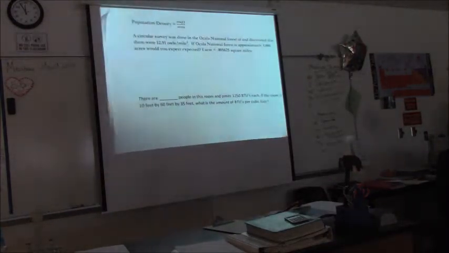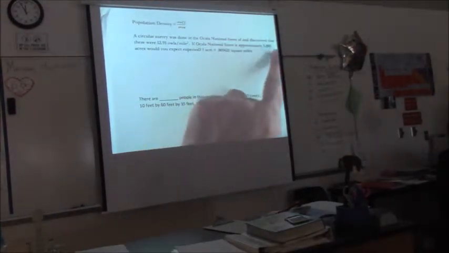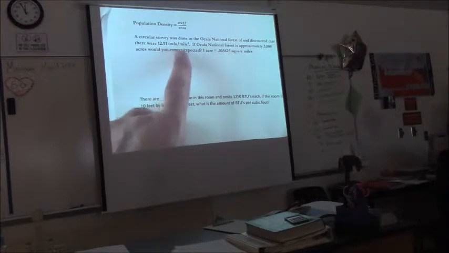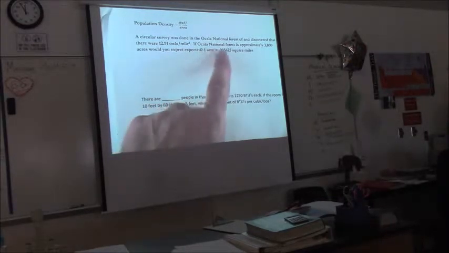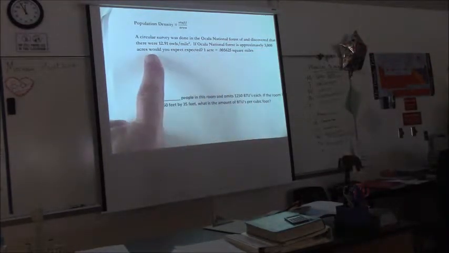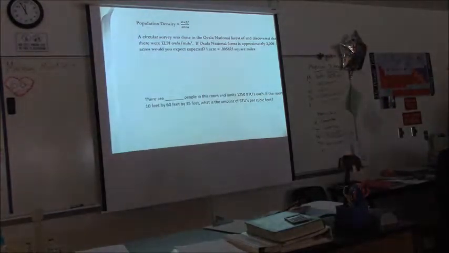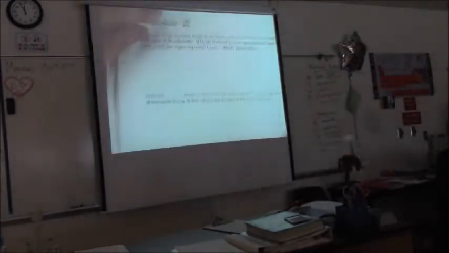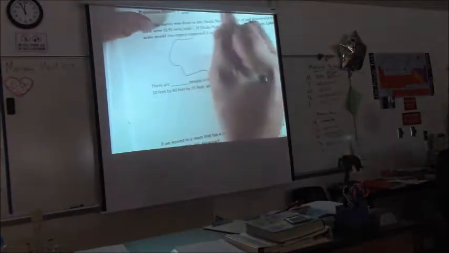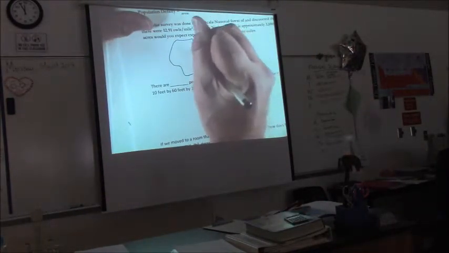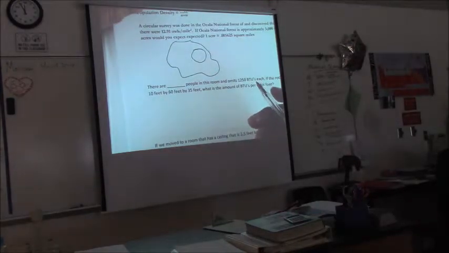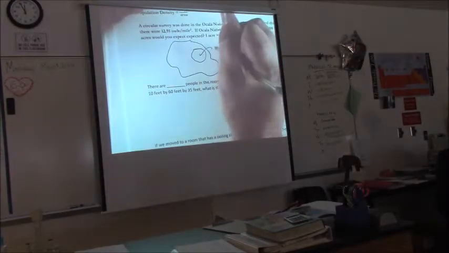All right, density. A circular survey was done in the Ocala National Forest and discovered that there was 12.91 owls per square mile. If the Ocala National Forest is approximately 3,000 acres, how many owls would you expect? So what do you think? I got the Ocala National Forest. They did a survey of a circular piece of land, and they knew the density.